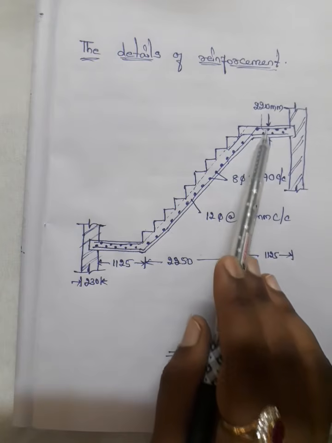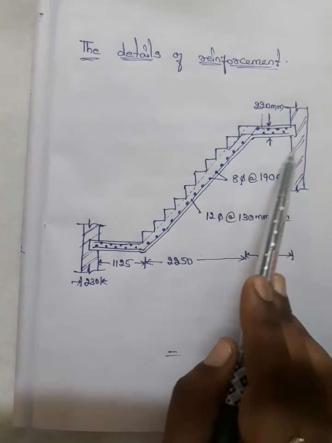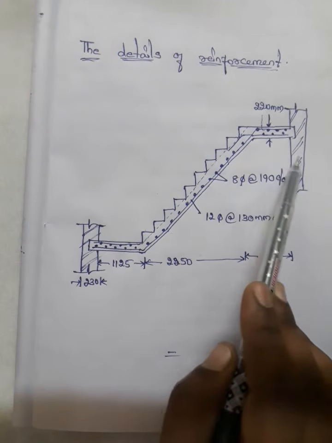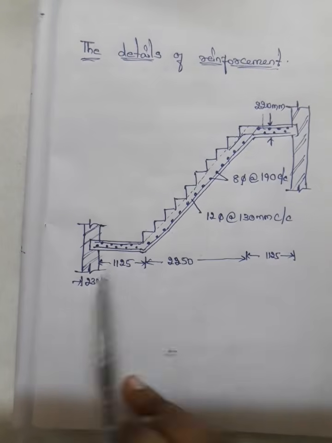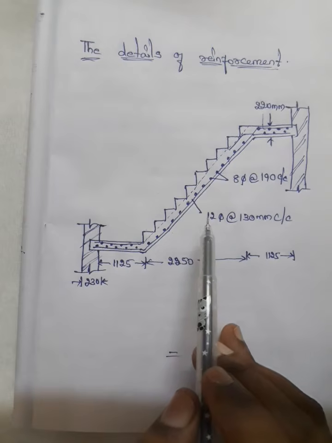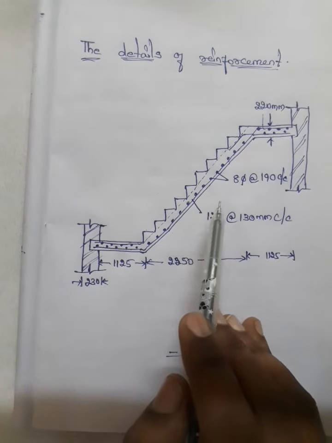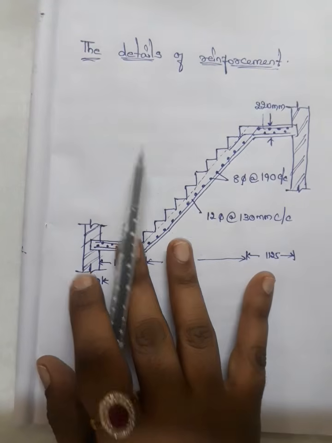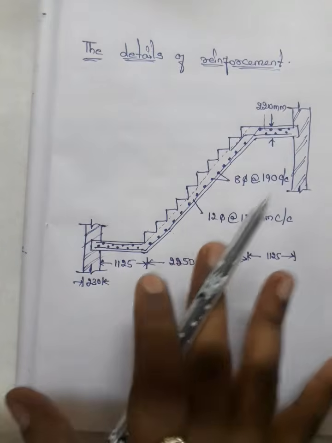And this is the overall depth, 220 mm. And the main reinforcement and distribution reinforcement: main reinforcement is 12 dia at 130 mm center to center, and the distribution reinforcement is 8 dia at 190 mm center to center. So which means we are done with the problem.